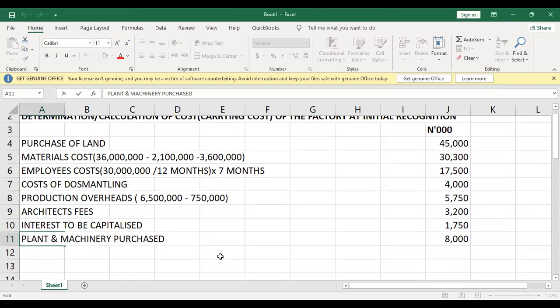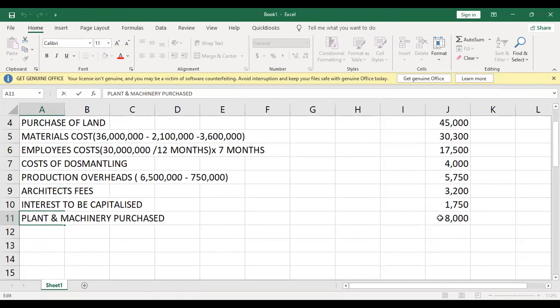A separate account will be created for it as well. So as I said, all these entries here all have their own individual accounts, their own ledger accounts. So I don't know if I've answered your question.